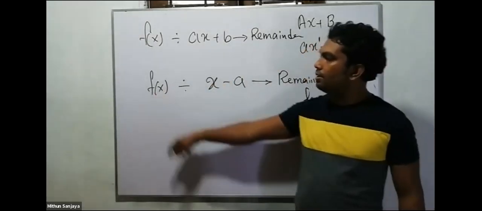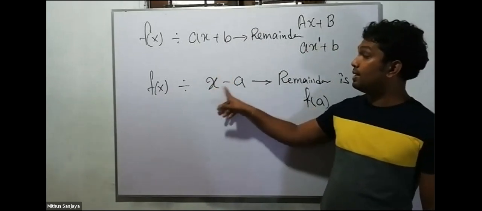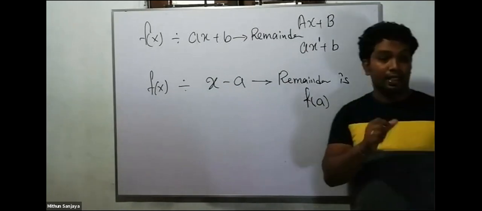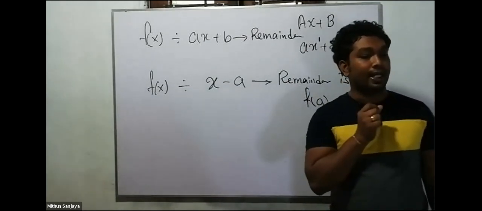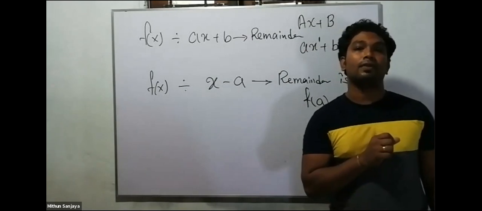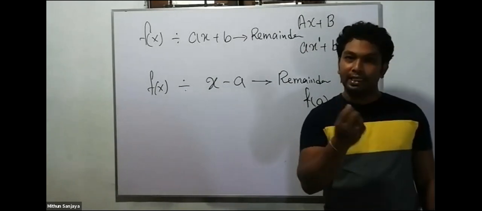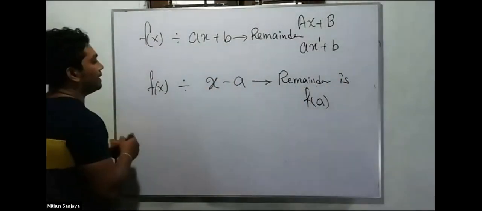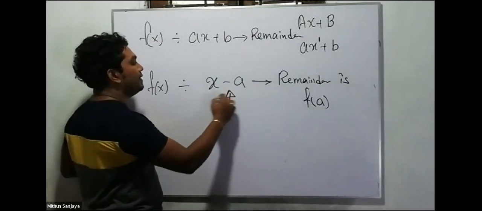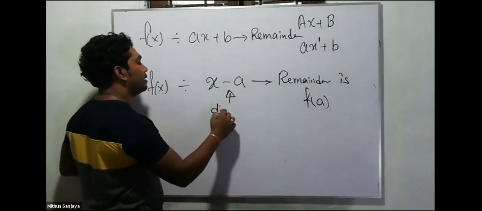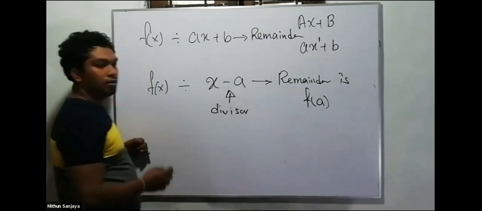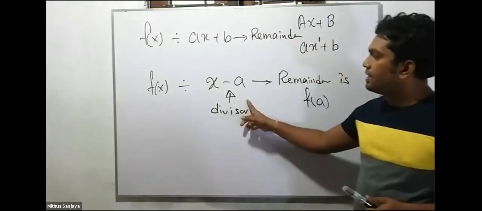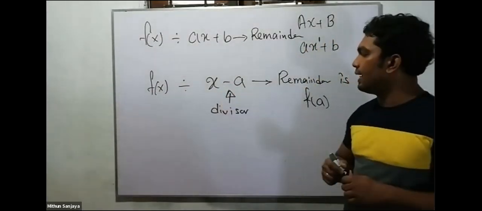So the function needs to be divided by a linear function of the x minus a type, and the remainder is f(a). A is a constant. Then what is this a? How do we take that a? There is a method. This is the divisor and this is the dividend. The divisor is x minus a.